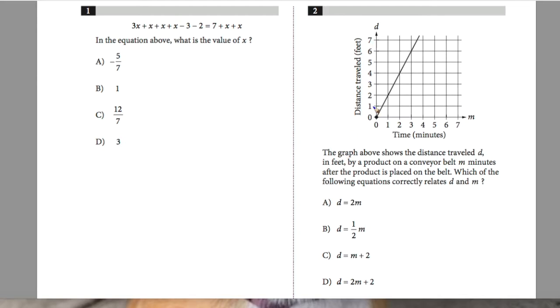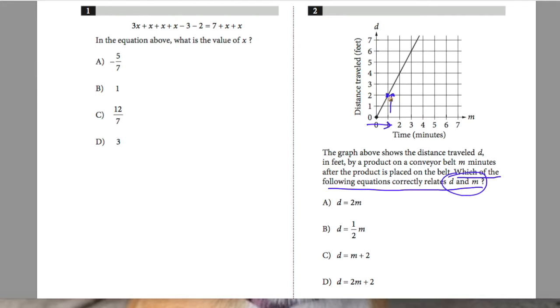Question 2, I see a graph here, I see distance, I see an x, I see a y. y is my d, m is my x. Quickly scanning, which of the following equations correctly relates d and m? They're really referring to my slope, and I'm going to try and figure out the entire line here. Without doing the y2 minus y1 or anything, I'm going to go over 1 and I'm going to go up 2.